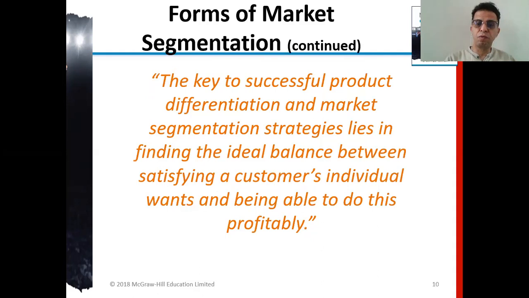The key to a successful product differentiation and market segmentation strategy lies in finding the ideal balance between satisfying a customer's individual needs and wants, and being able to do it profitably.